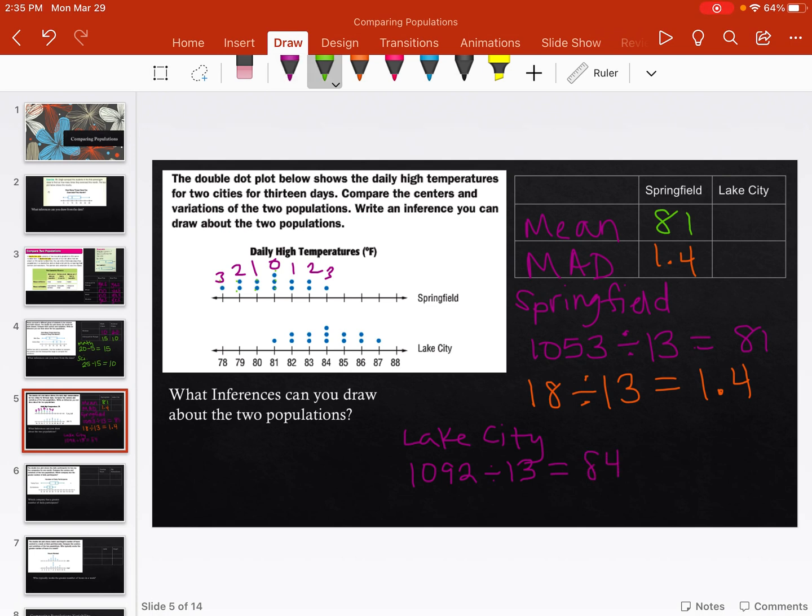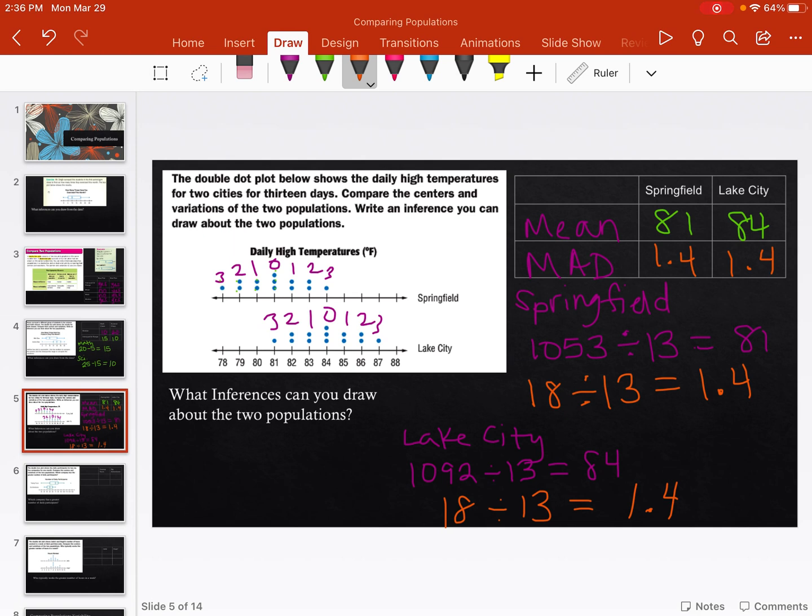Again, I'm going to look back over here, and from 84, this is 3 away, 2 away, 1, 0, 1, 2, and 3 again, just like on the other set. So when I add those all up, that's 18 divided by 13, round to the tenth, I get 1.4 again. So let's talk about why that is.